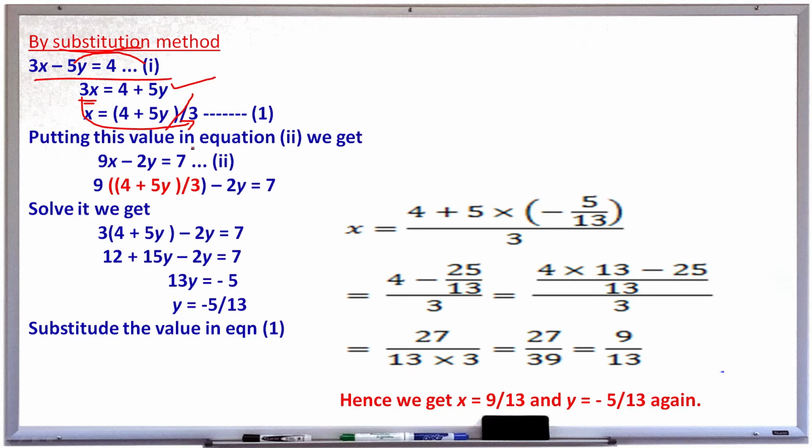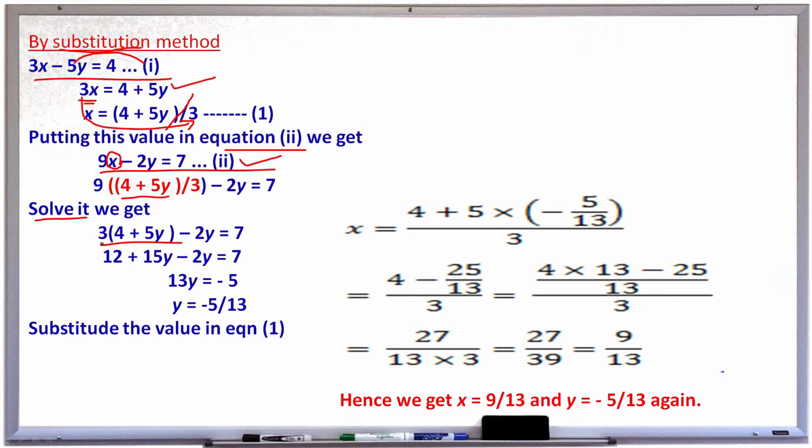Putting this value of x in equation number 2, which is 9x minus 2y is equal to 7, instead of x we are going to put (4 plus 5y) whole divided by 3. So minus 2y is equal to 7. When you solve it, you will get 3 into (4 plus 5y) minus 2y is equal to 7.